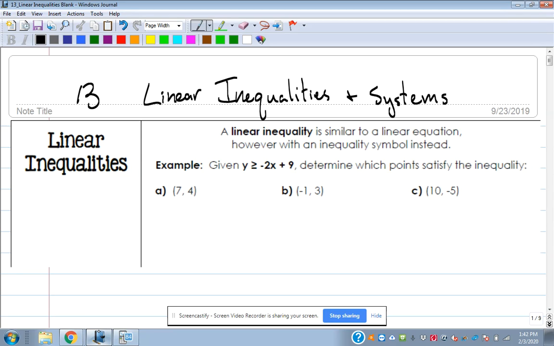So what does it take to satisfy an equation or an inequality? Do you have to get y by itself? Not necessarily. What does it take for an ordered pair to satisfy an equation or an inequality?